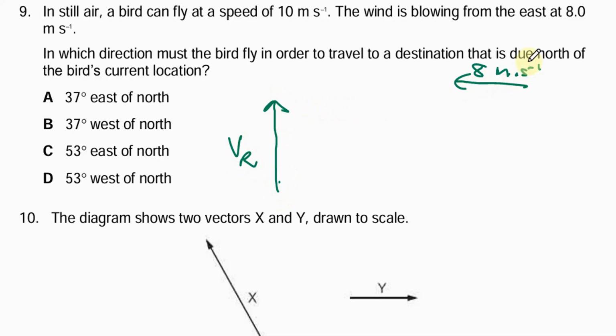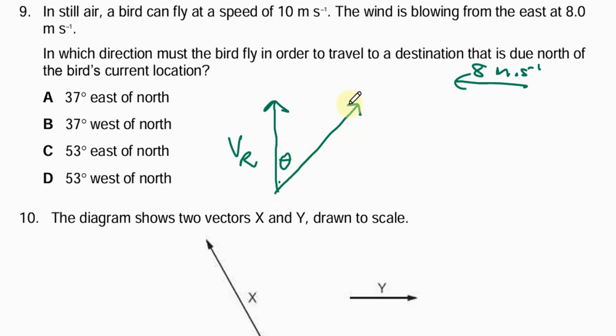We know that the wind velocity is 8 meters per second from the east. So this resultant velocity is the resultant of the velocity of the bird in still air, which is 10 meters per second, and the wind's velocity. So drawing it head to tail then, the bird would have to head in this direction, at this angle, theta.